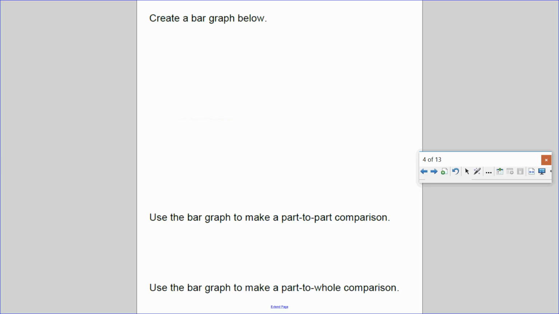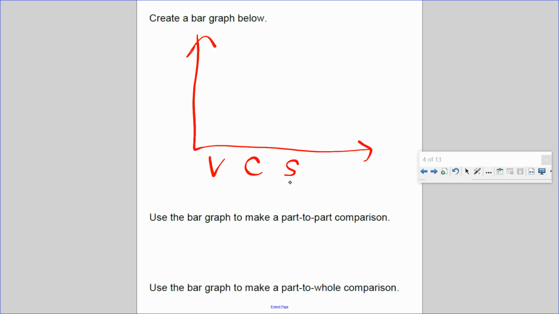So create a bar graph below. We're creating a bar graph right now. Let's do V for vanilla, C for chocolate, S for strawberry, M for mint, and CC for cookies and cream. We're going to make the scale go by 1 and stop at 6.